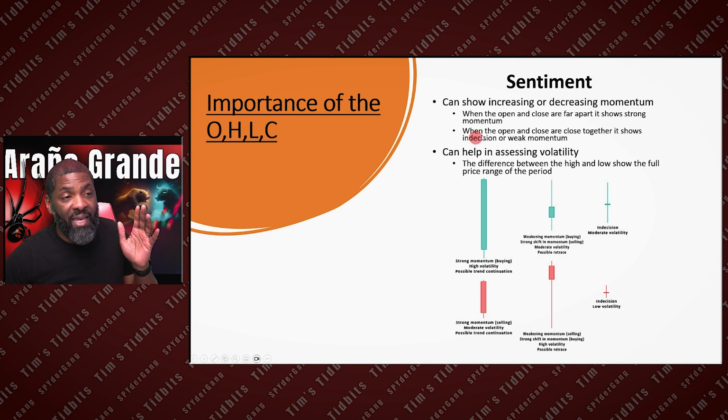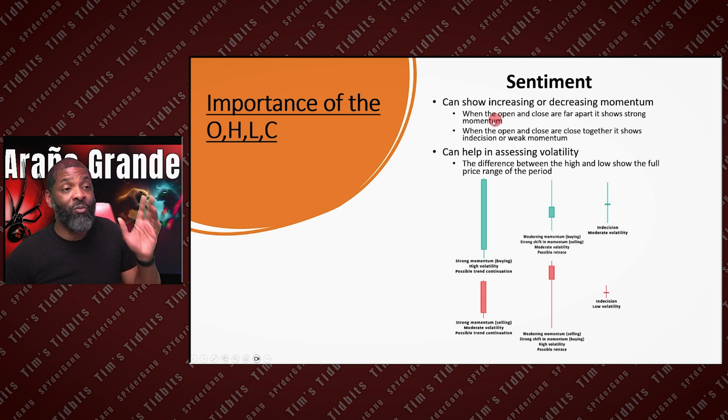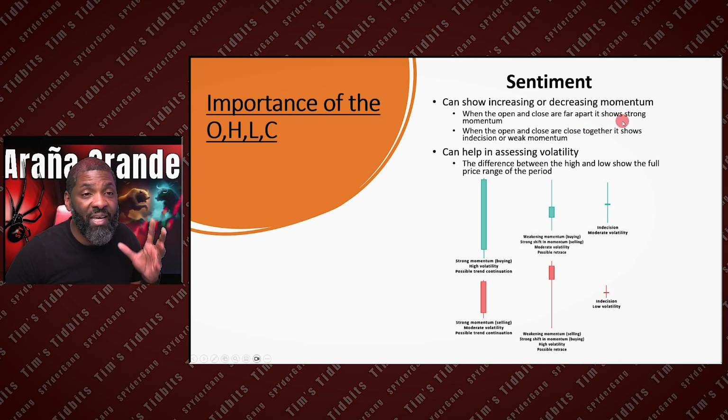So it can show increasing or decreasing momentum. When the open and close are far apart, like this big candle right here, it shows strong momentum. When the open and close are closer together, it shows indecision or weak momentum, right?